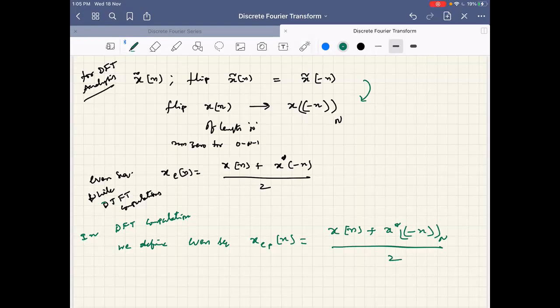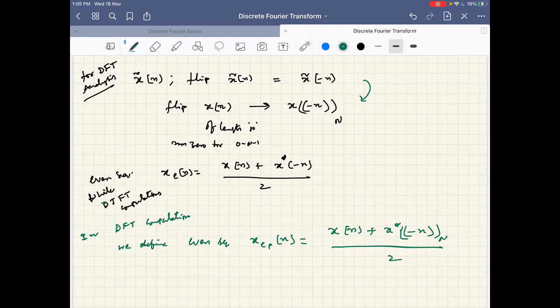This is the major change. Whatever operation we do, we restrict the number of samples to N, and since there is an underlying periodic sequence, we take those N samples which fall in that duration.